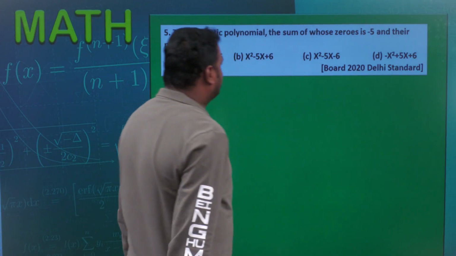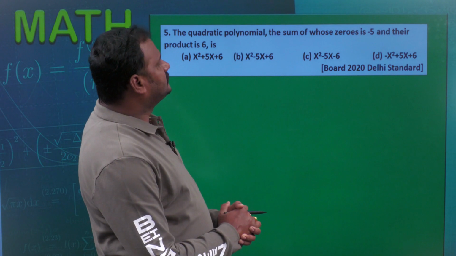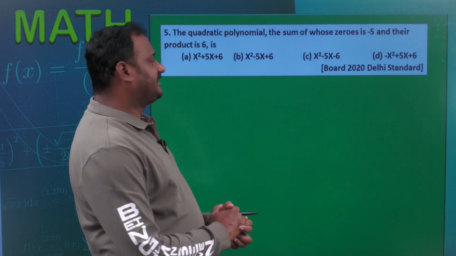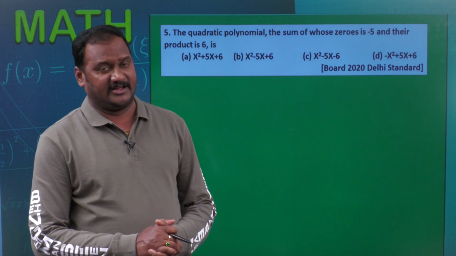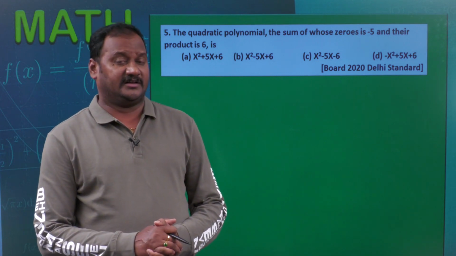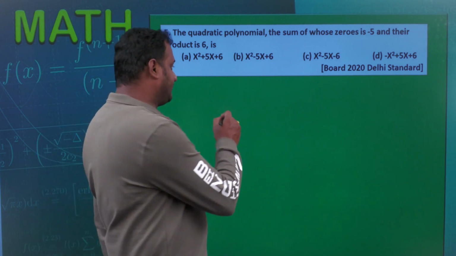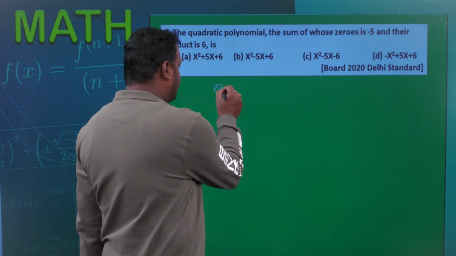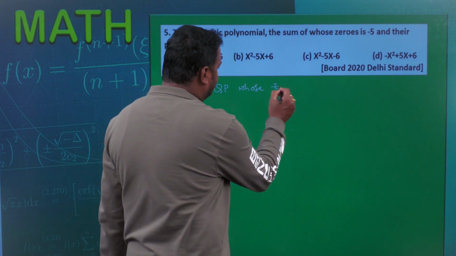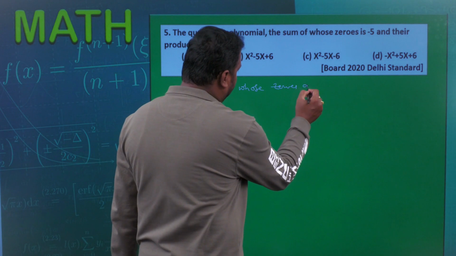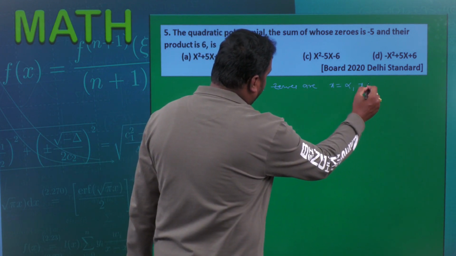Next, moving on to the next problem. The quadratic polynomial, the sum of whose zeros is minus 5 and their product is 6, is what? Here you need to remember one thing: what is the quadratic polynomial whose zeros are given? Whose zeros are x is equal to alpha and x is equal to beta.